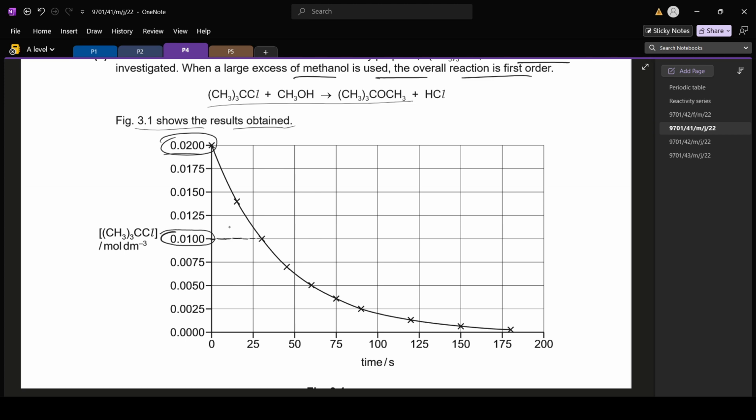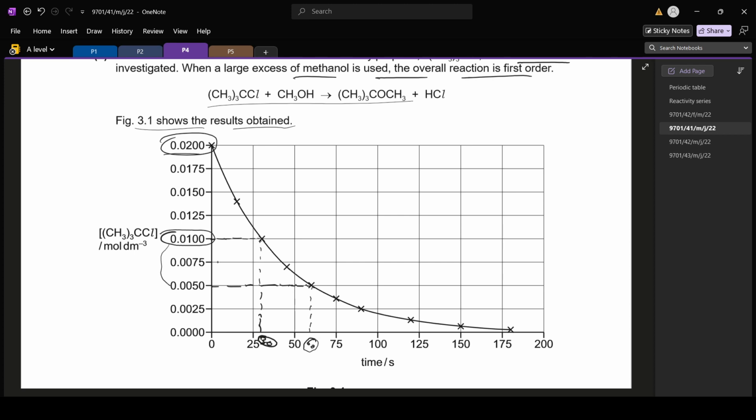Let's see what is the time here. This is the first half-life, and this is approximately 30. Then calculate the second half-life, which is approximately 60.